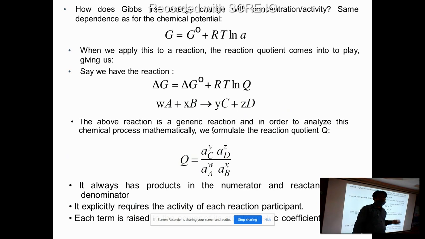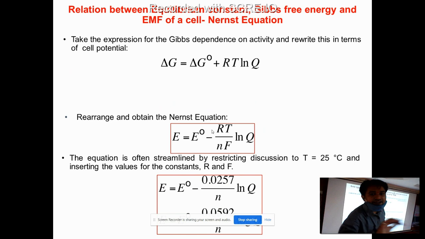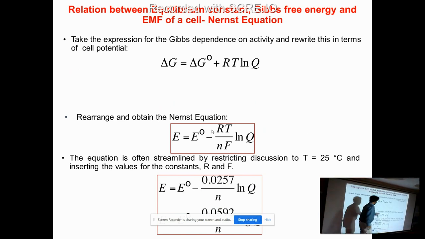Look here. This equation also you might know. G is equal to G naught plus RT ln a, where a is activity. I can write activity in terms of the products' concentrations raised or the reactants' concentrations raised. So if I substitute there, I get an equation like this.